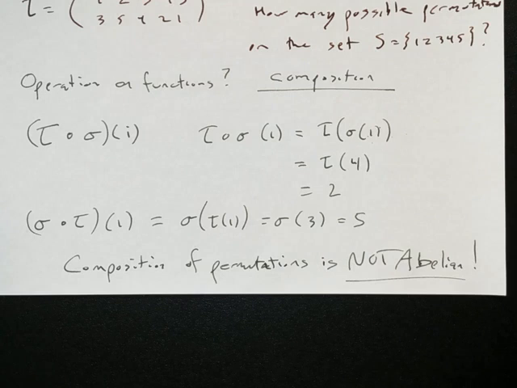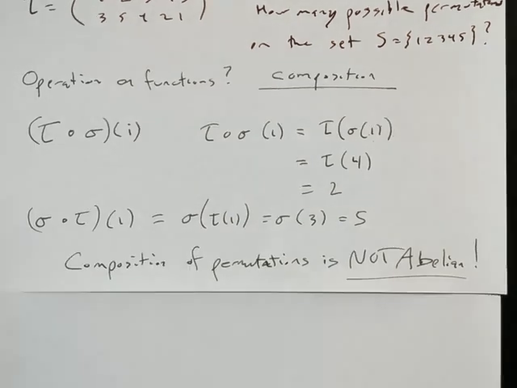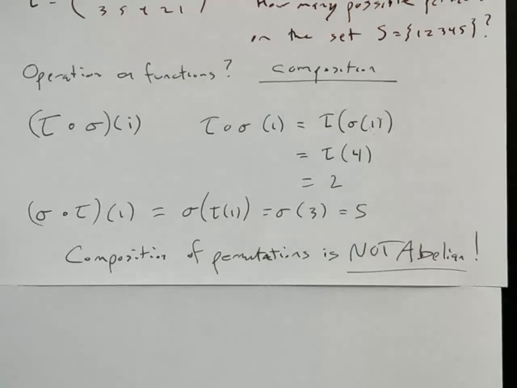Okay, wait a second. If I'm thinking of this as an operation, we only did it on the number 1, but the permutation acts on the whole set of objects, right? So let's consider, how would we do tau of sigma?